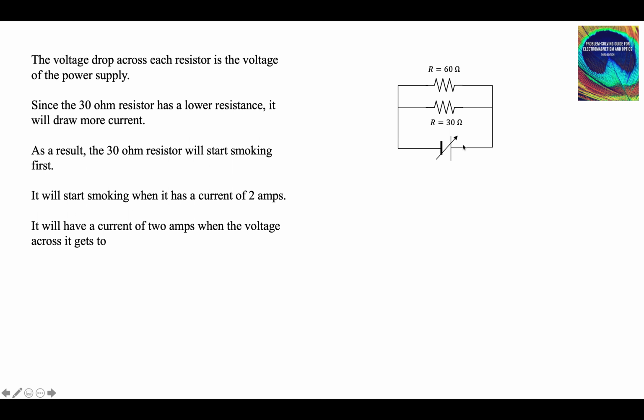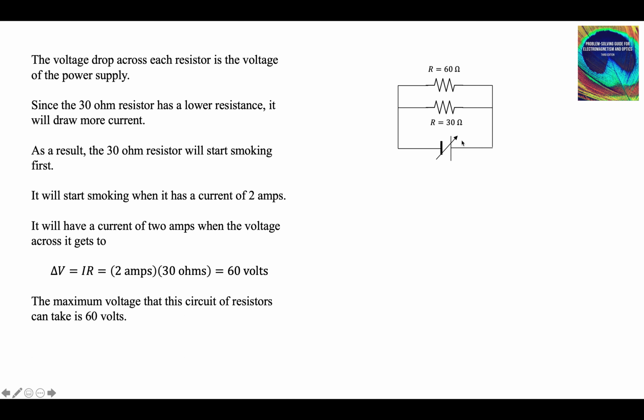V is equal to IR, when the voltage across it gets to 60 volts. And that is across the power supply. So when this thing gets to 60 volts, the 30 ohm is going to start to smoke. It's going to fail. There's only going to be 1 amp going through that guy. It's got twice the resistance. It's going to have half the current.